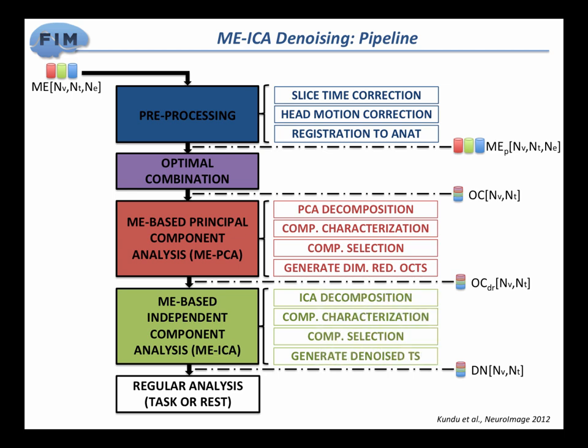The ICA, then there is the component characterization, which means for each of the components it computes the kappa, the rho, and here a lot of other things. Then there is the component selection, and for the components that the algorithm decides are good, it puts them back together, and that's your denoised time series that you can then use in your statistical analysis.